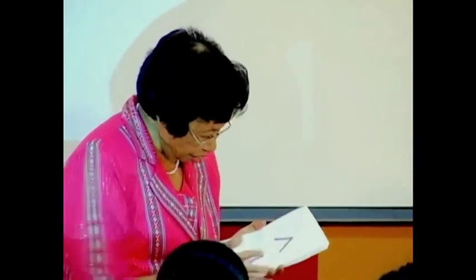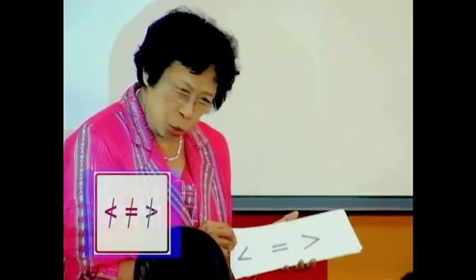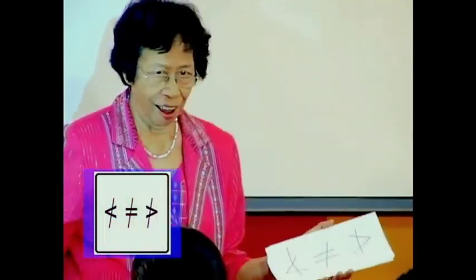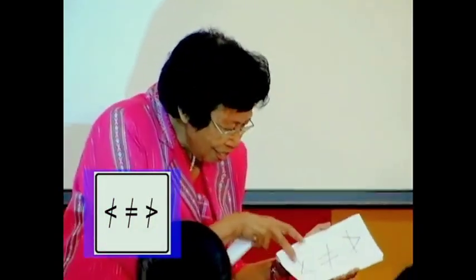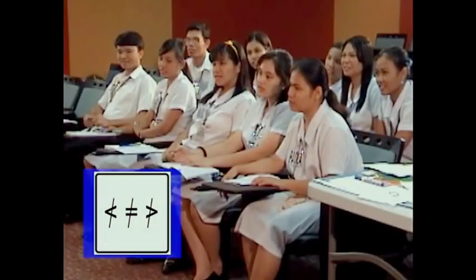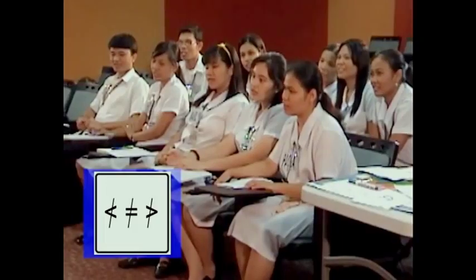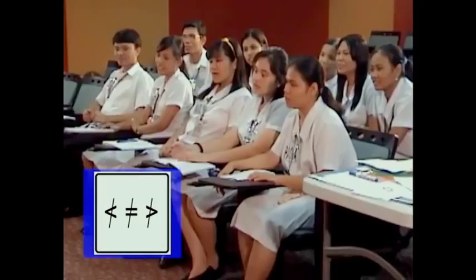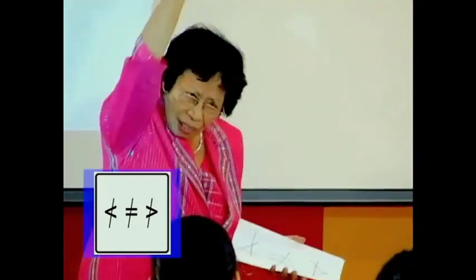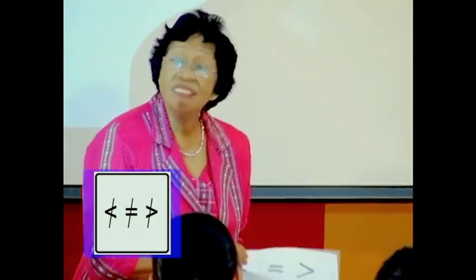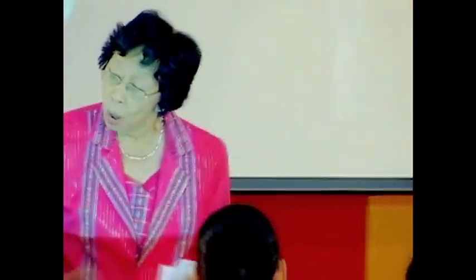If you put this and this, it becomes a letter Z. It could be greater than or less than. Then when I want to negate, I can have that. How do you call this? Not less than. And this? Not greater. So that little thing there says not. And that's the reason why when you say this, you say this.